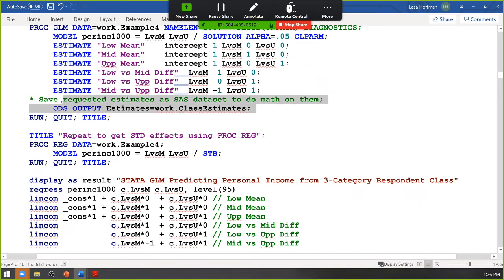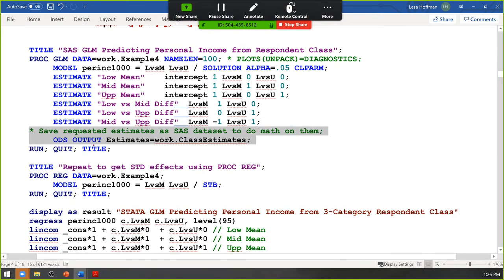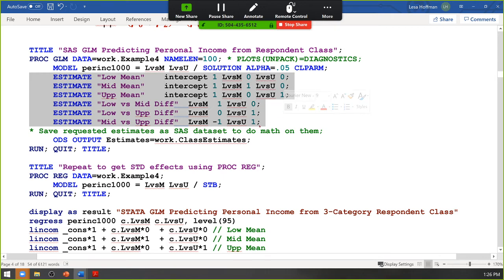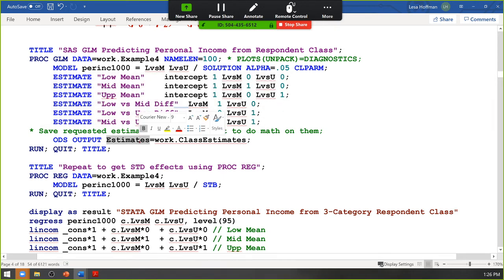In SAS, this is a little bit of an advanced topic here just for a second. There is an extra statement in here called ODS output. What that does is tell SAS to save the output as a data set in SAS. So the estimates that I asked for, which are the three means and the three mean differences, the name of that table in the SAS output is called estimates, and I'm saving a new SAS data set that is going to be called class estimates, that's the name I gave it, and put it in the work library.